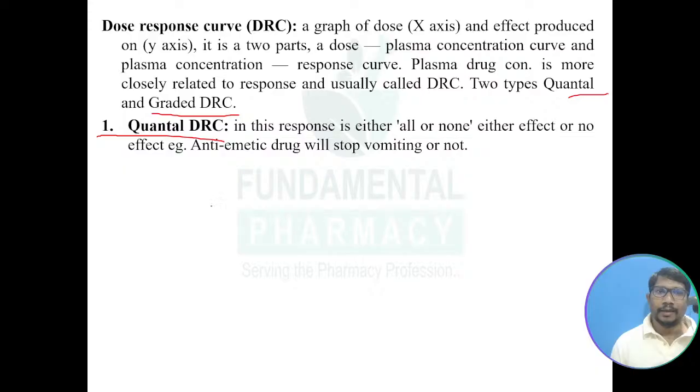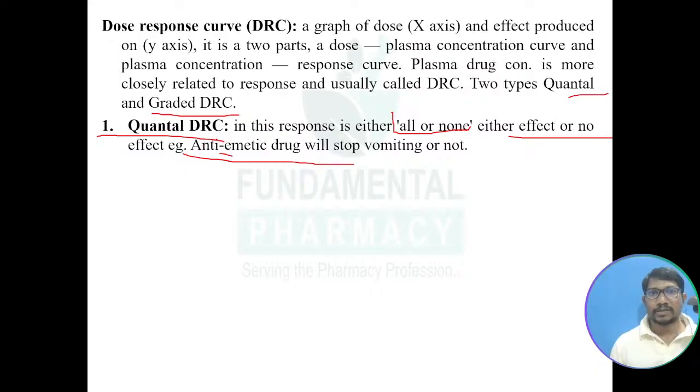In this, the response on the y-axis is taken as either all or none. So either the effect is considered or there is no effect. For example, for an anti-emetic drug, the dose of the anti-emetic drug is on the x-axis, and whether it will stop vomiting or not is the response on the y-axis.